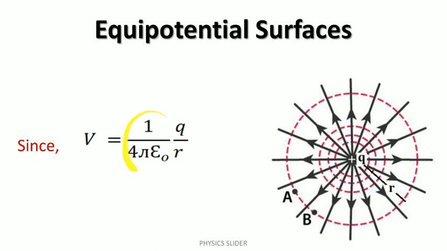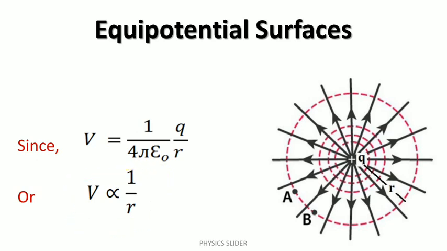This 1 upon 4 pi epsilon naught is a constant, this Q is the charge which is constant, and this R can vary for the different surfaces. This surface R is different, for this surface R is different, and for other surfaces the R is different, but V depends on the radius of the sphere.